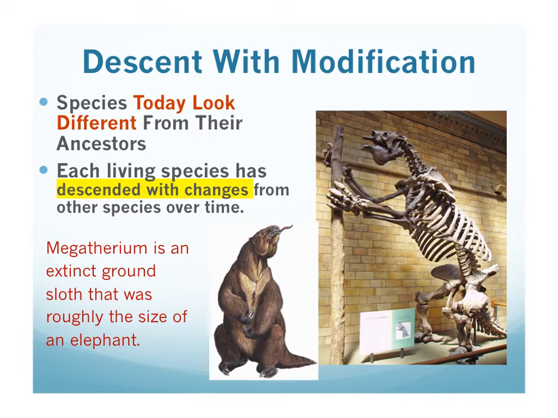So descent with modification also says that species today look different from their ancestors. And you have to remember that before Darwin's time, the Bible said that all the animals that are here today have been here since the beginning of time. And Darwin said, no, that is not true, that the animals that were here long ago in the past look very, very different than today.